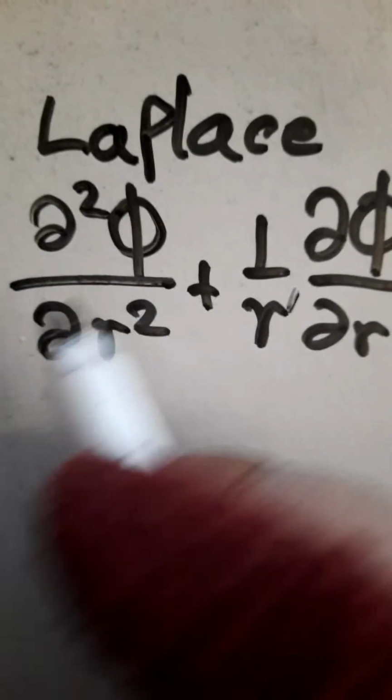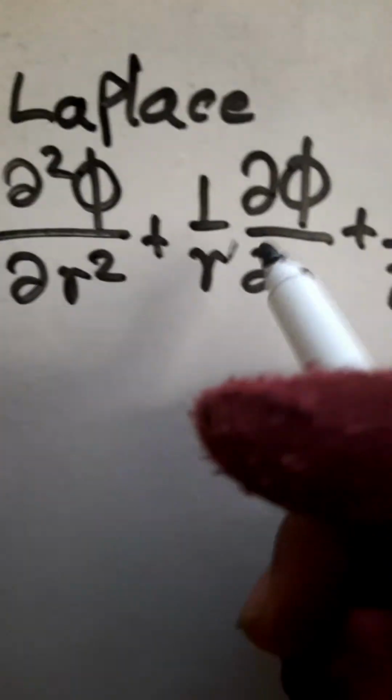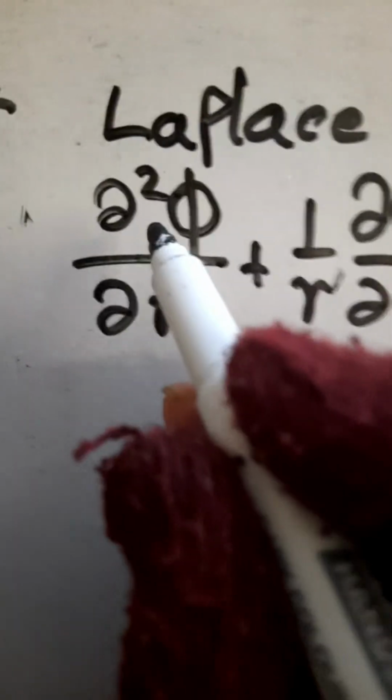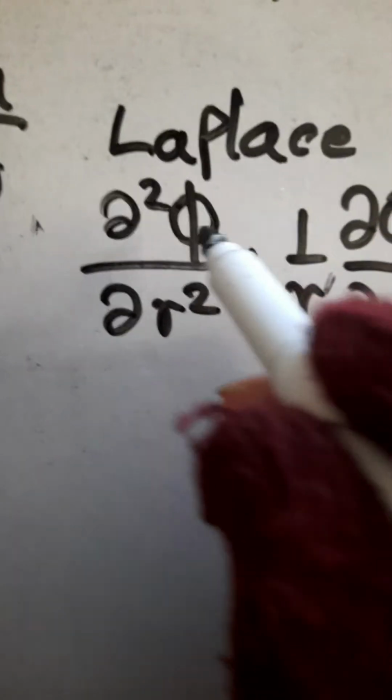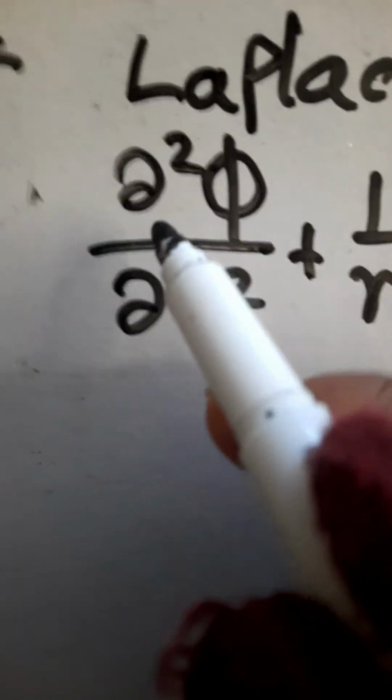Then plus, here it was 1 by r raised to 0, so it is 1 and there was nothing. Now we raise the power of 1 by r, which is multiplied, and we reduce the power of the derivative once. It was the double derivative del square phi by del r square, and now it is a single derivative.